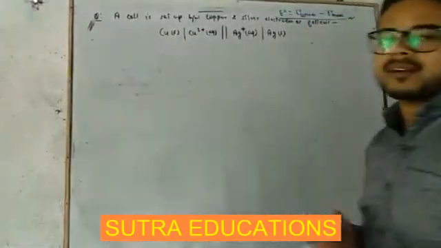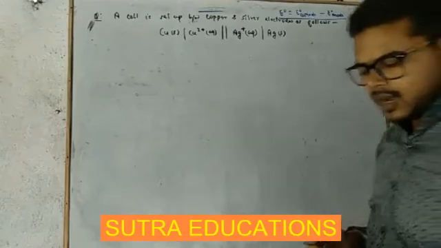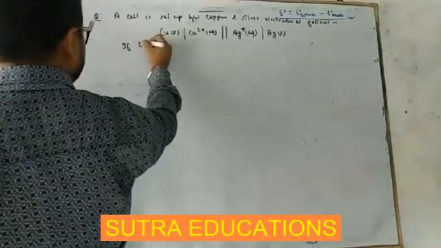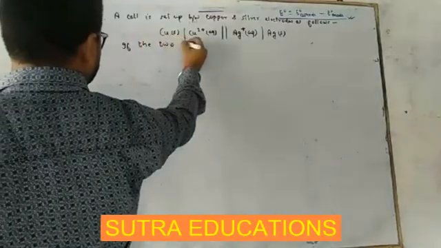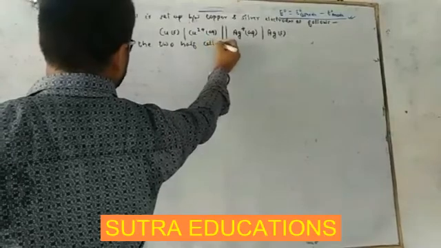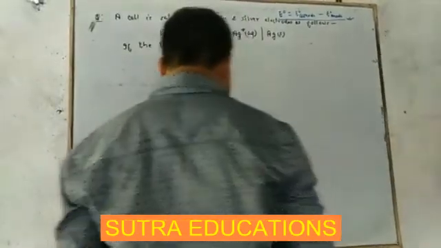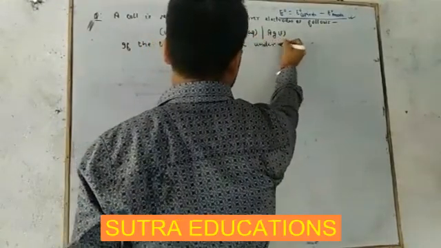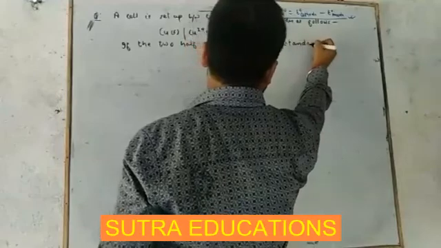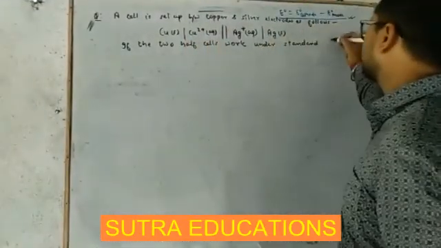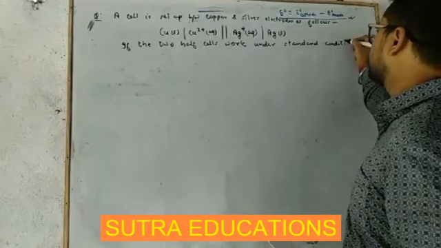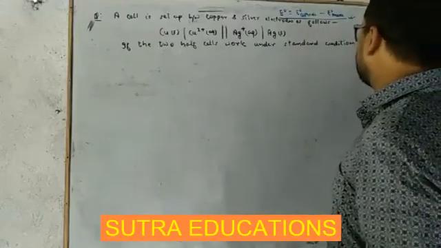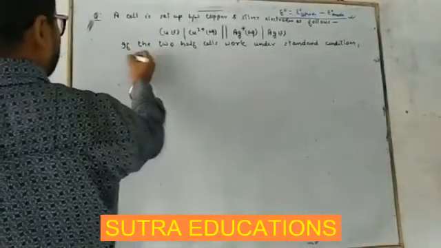This is the representation of a cell. If the two half cells work under standard conditions, calculate the EMF of the cell.